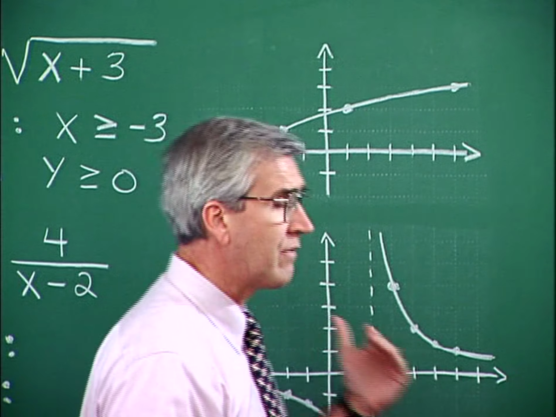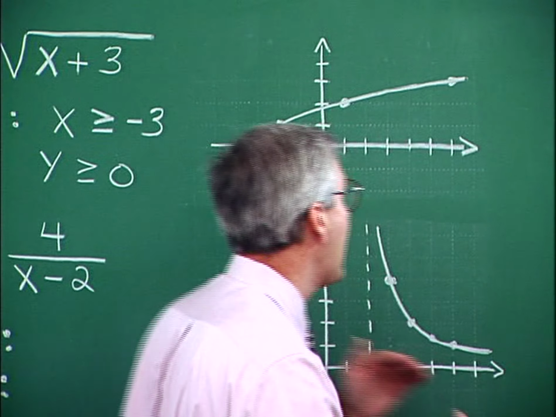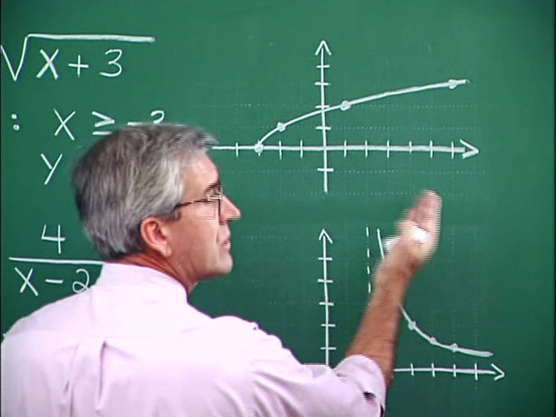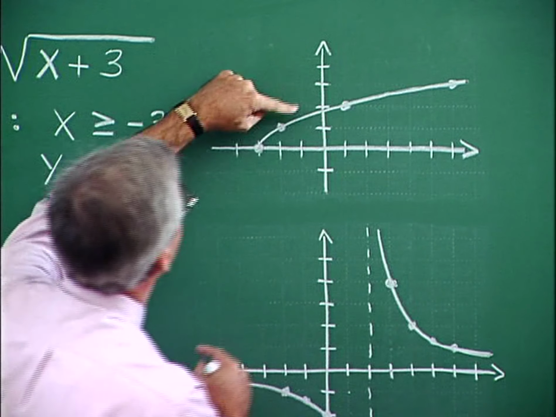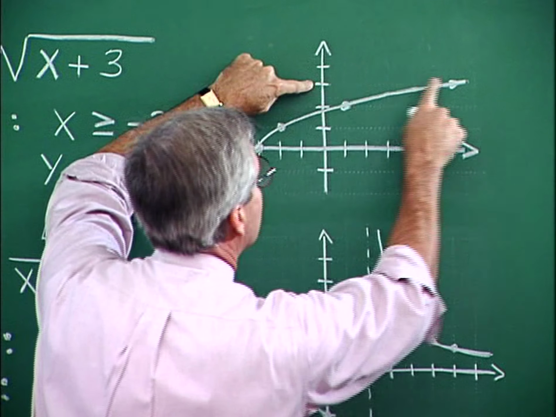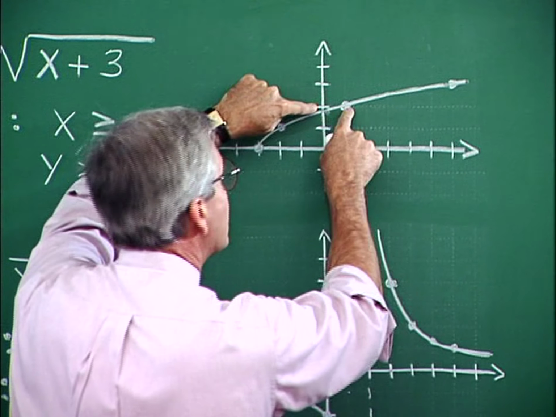It just verifies what we had over here. In a similar way, for the range, we're talking about for what vertical distances do we have a graph? Is the graph defined? Do we have an x corresponding to that vertical distance? Yes, it's out here. Do we have an x corresponding to that vertical distance? Yes, it's right here.